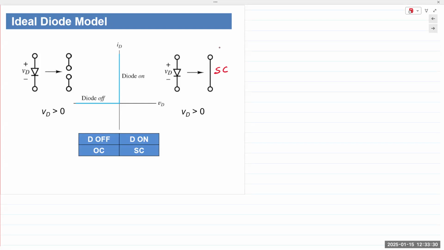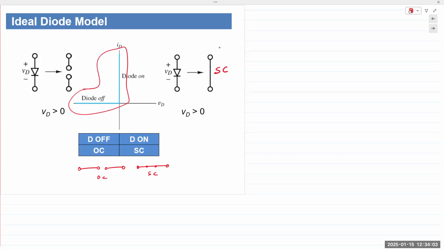If the diode is off, we replace it with an open circuit. Okay, OC and SC. OC and SC. The characteristic for an ideal diode are shown here in blue.